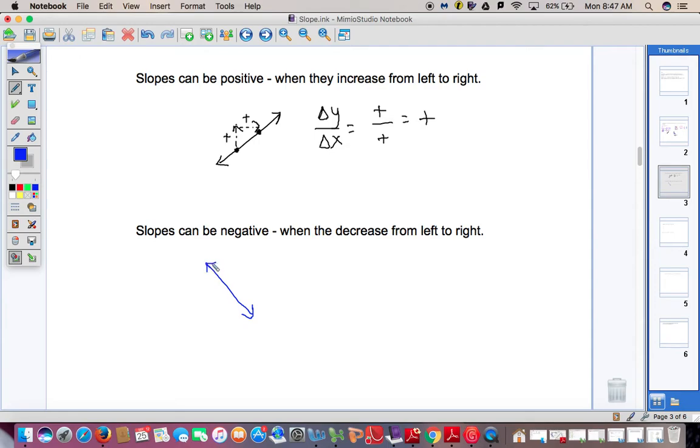So if we have a line that's falling from left to right, we've got a negative slope because our change in y is in the negative direction, and then we'll move in a positive direction for our change in x. And so a negative number divided by a positive number is a negative number.